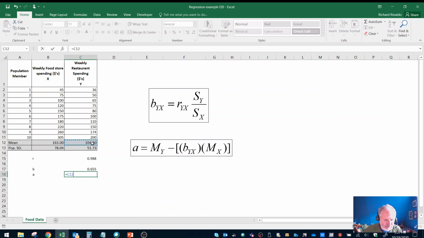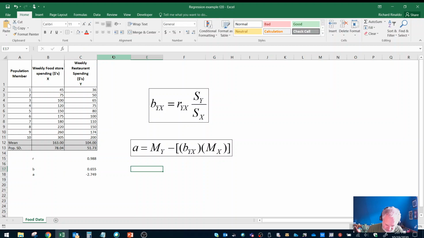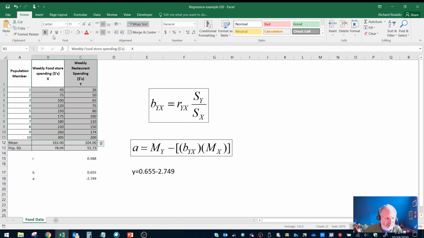So the best fitting line is y equals 0.655 minus 2.749. I can see that if I insert my scatter plot.